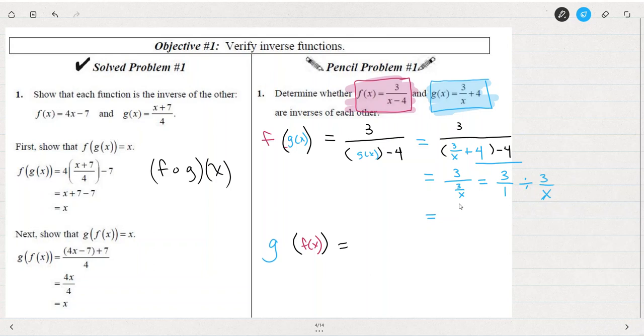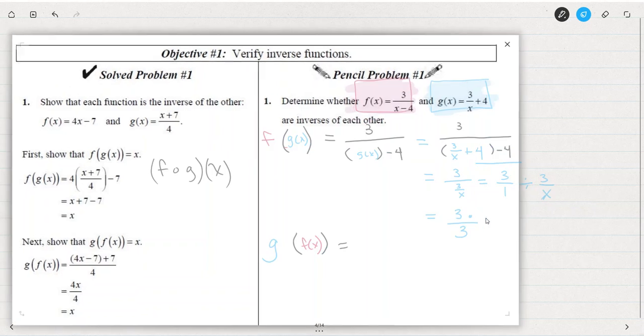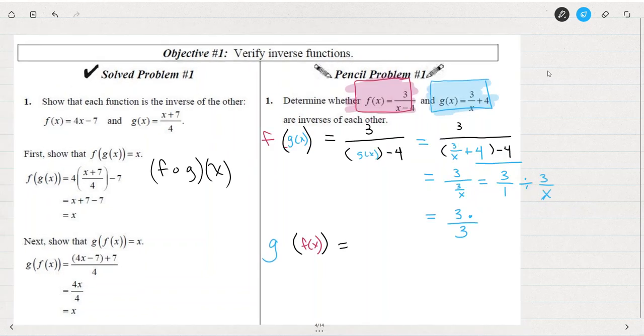Here's how we would simplify it. Instead of saying 3 divided by 3 over x, we're going to say 3 over 3, and under the 3, the x. So if you did this by dividing, remember, it's 3 over 1 times x over 3.